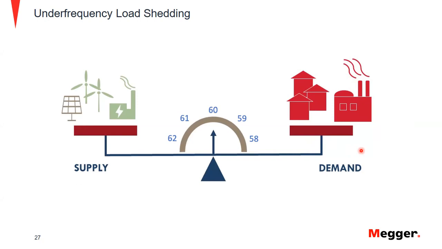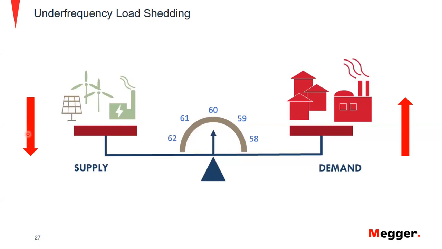It's the consumers, the industrial plants, the people using electricity, manufacturing plants, whatever. Anything that is pulling from the grid. So we want to keep this balanced, which means the demand has to be equal to the supply. And as long as we don't get too far out of balance, we're able to maintain system stability. Once we start getting out of balance, that's when we start having a lot of issues.